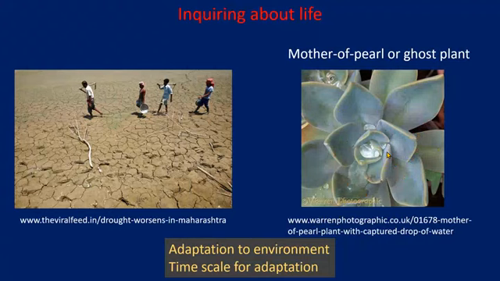It can capture the water droplets, in a way harvest water in drought areas, and survive in that extreme condition. So again, the process is evolved. How this plant survives in drought conditions has been evolved, and it has adapted to the situation.